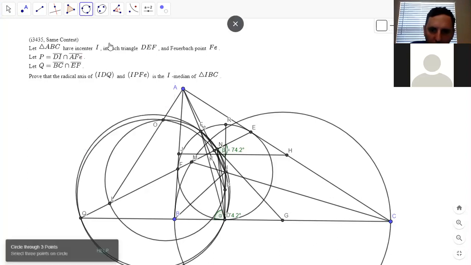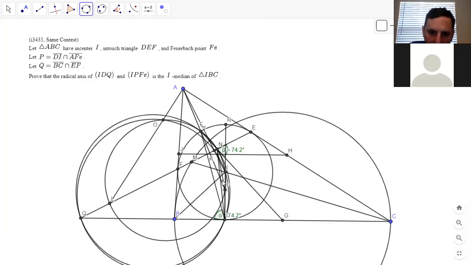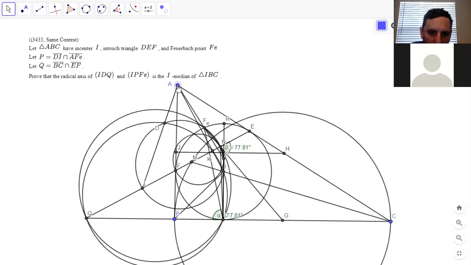Let's try something. So we have P, N. These circles here. Are these tangent at F? Let's see. I don't think so, but it's worth a check.